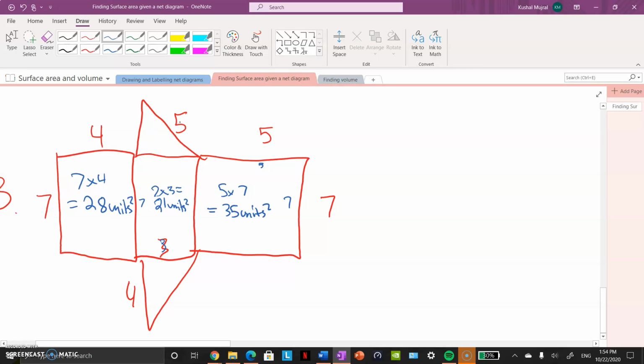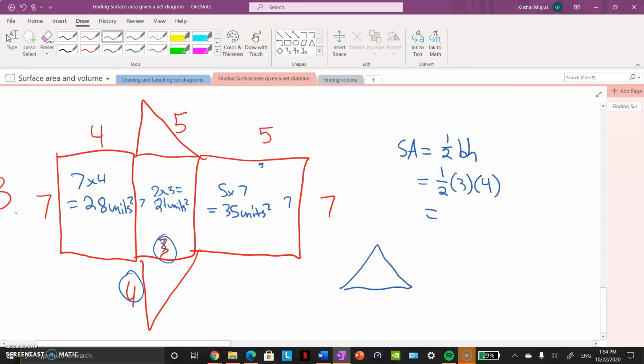Now, to find the surface area of a triangle, SA is 1 over 2 BH, which is 1 over 2 times the base times the height. So it's 1 over 2 times here, the base is 3, and then here the height is 4. Just to show you, if we had a right triangle, which makes it really easy, you just multiply this side length, this is the height, and this is the base, and so it's 1 over 2 times the height times the base.